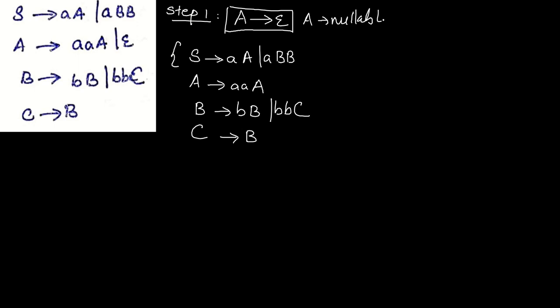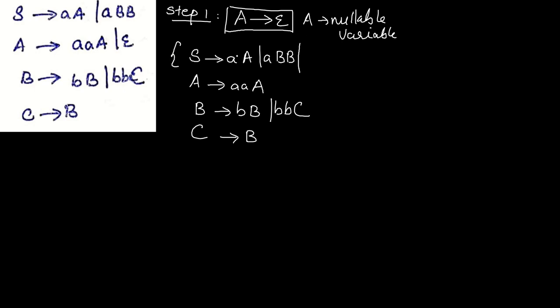We call it a nullable variable, and you check the right side of the productions. Wherever you have this nullable variable, there you substitute epsilon and get new productions. You should not make any change to the existing productions, and in addition to these, you have to add new productions by substituting epsilon in place of the nullable variable.